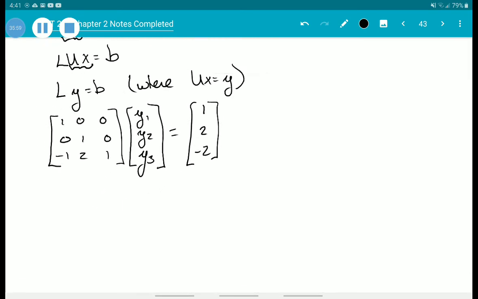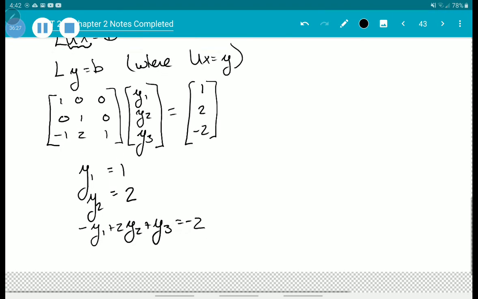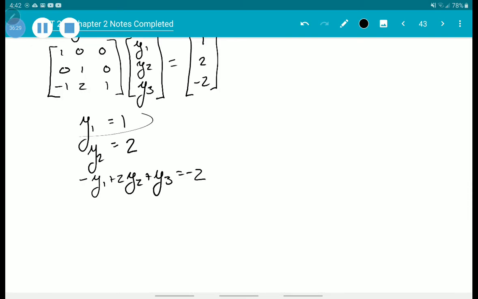So if we were to multiply L times Y here, we're going to get Y1 plus 0, which is Y1. So Y1 has to be equal to 1. We're going to have Y2 is equal to 2. And then we're going to have negative Y1 plus 2Y2 plus Y3 is equal to negative 2. So we know what Y1 and Y2 are. Let's solve for Y3.